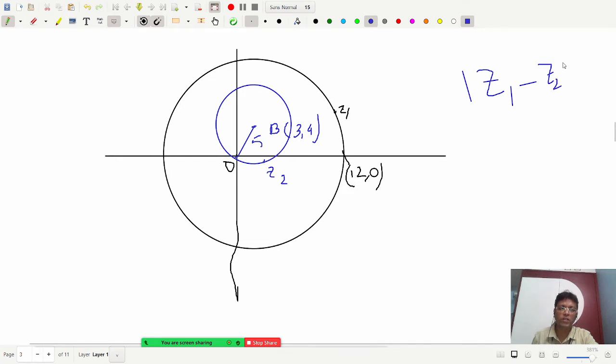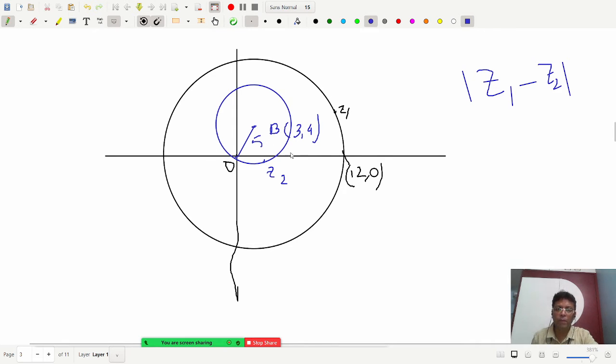Now what is represented by modulus of Z1 minus Z2? Modulus of Z1 minus Z2 represents the distance between the complex numbers Z1 and Z2. So where it is minimum, that is the question.